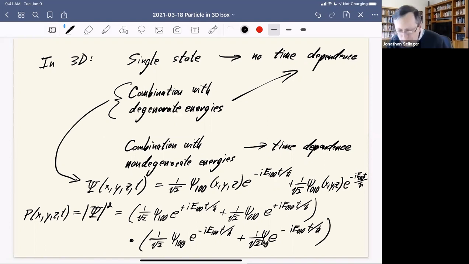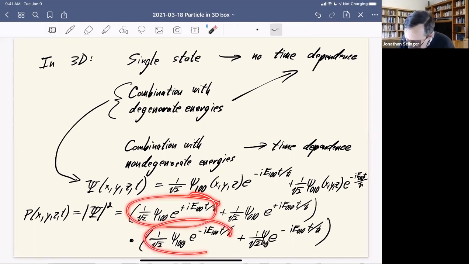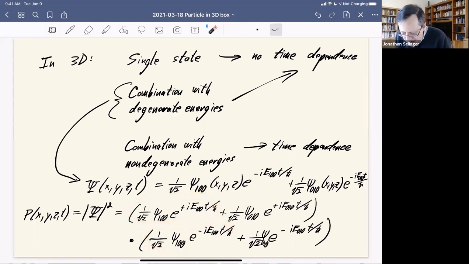Okay, let's multiply this stuff. When we're multiplying the first thing times the first thing, you know that the time dependencies cancel, right?